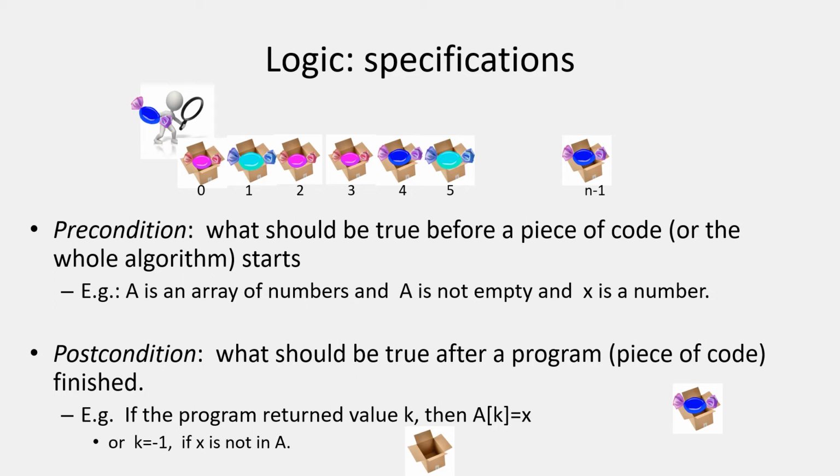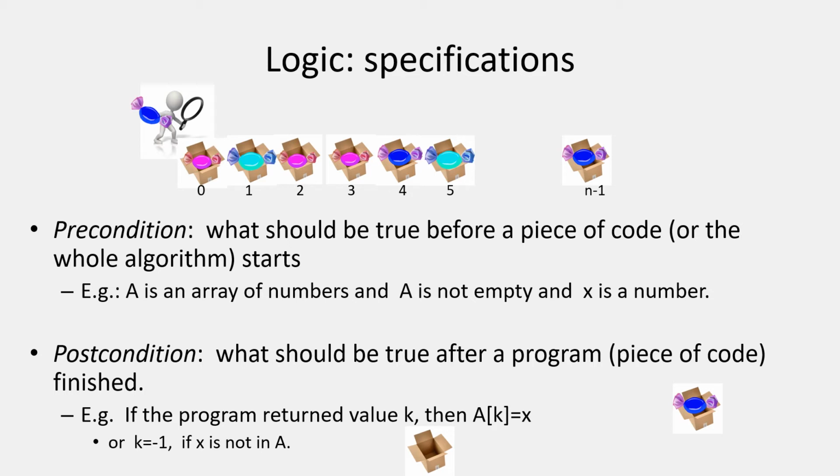So for example, in searching for a candy in the array, you might want to say, oh yeah, the array is not empty. Or you might want to say that x is a number or a candy. Or you might want to say that x must be in the array. I know it's there, I just don't know where.